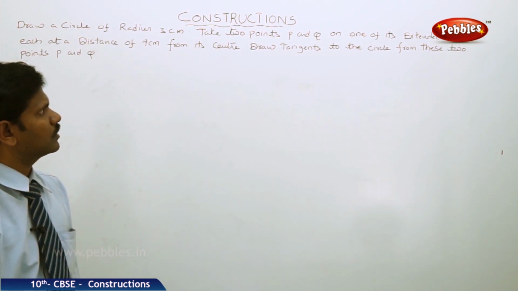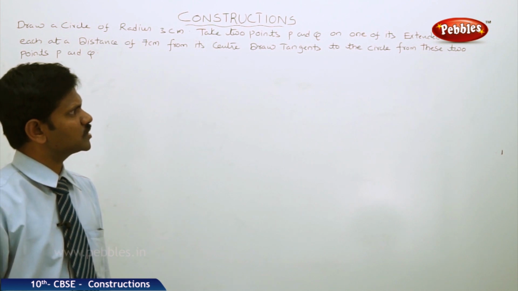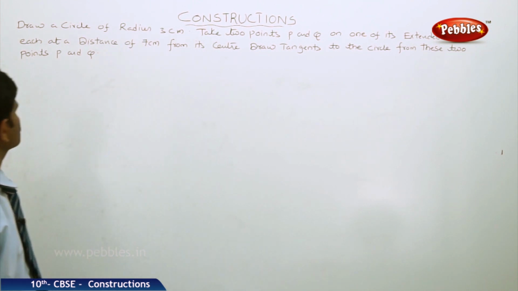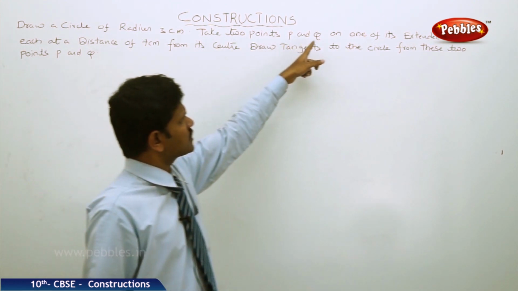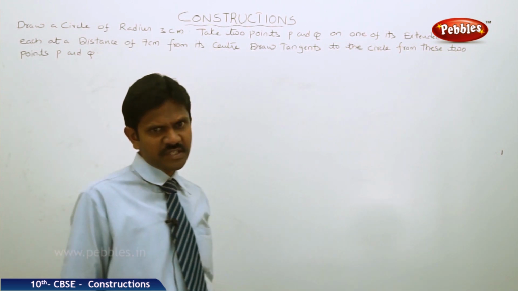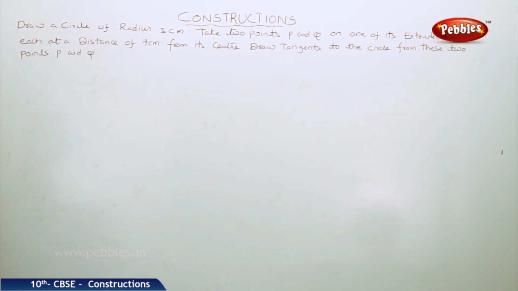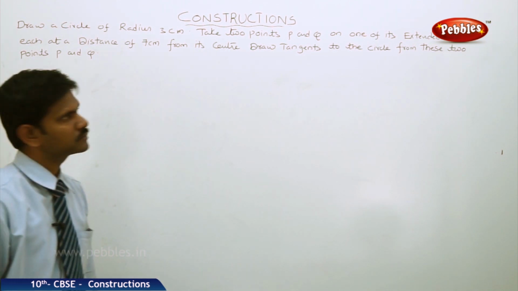Draw tangents to the circle from these points P and Q.